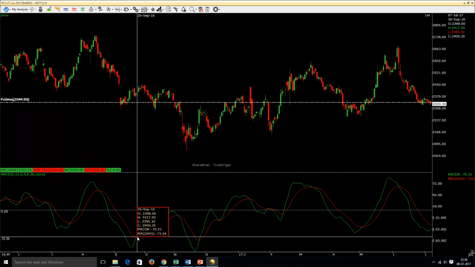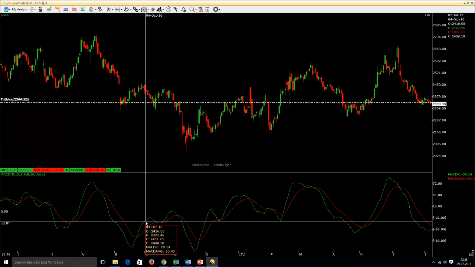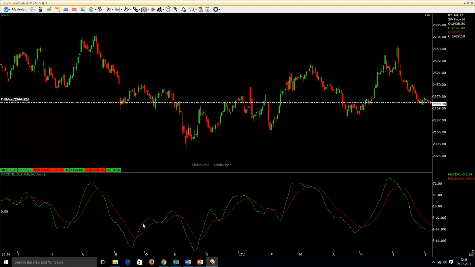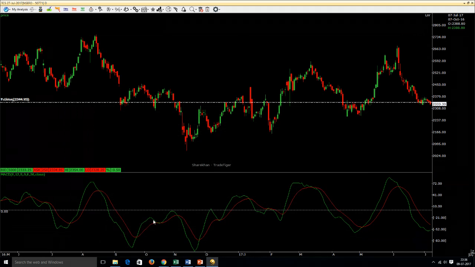From here we got a crossover signal again for long. So we became long here at something around 2,450. And then we remain long.